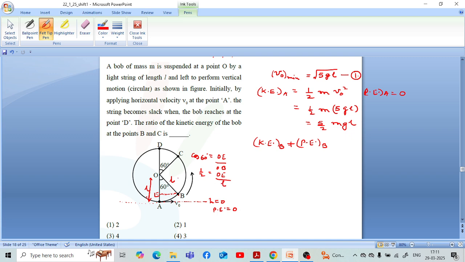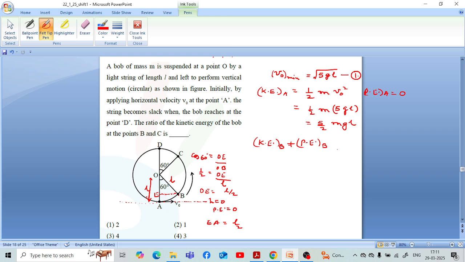OB is the length of the string, L. So OE comes out to be L by 2. And when OE is L by 2, EA is also L by 2, because EA is L minus OE. So the length EA is L by 2, and it is used to calculate the potential energy at point B.